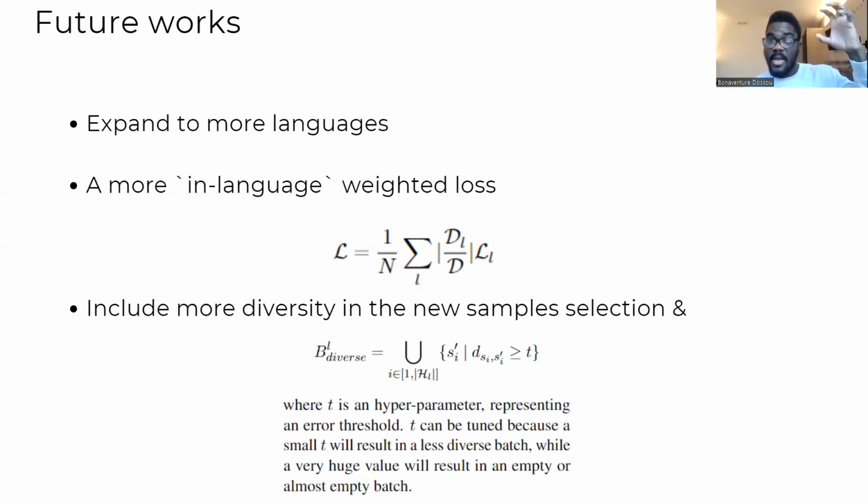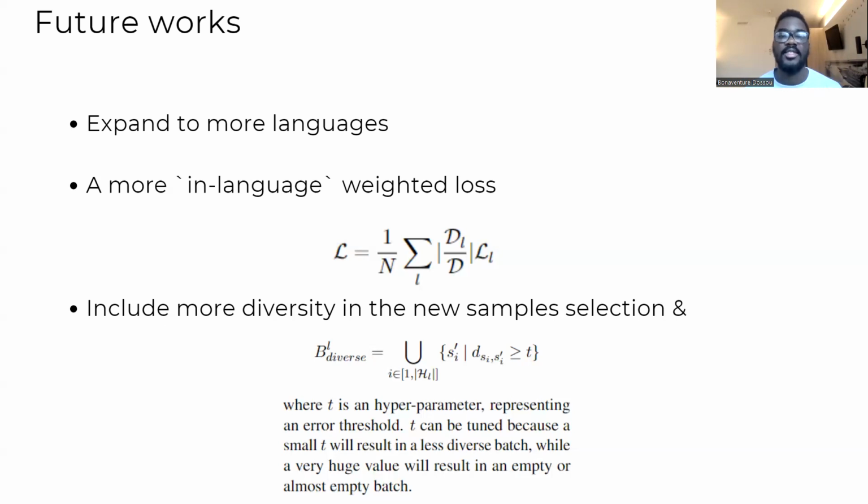The loss of Swahili might be high and the loss of Fon might be low, but then the average will be high. So by providing this weight, we would be able to give the necessary and the right attribution of each language to the contribution of the overall loss of the data set.